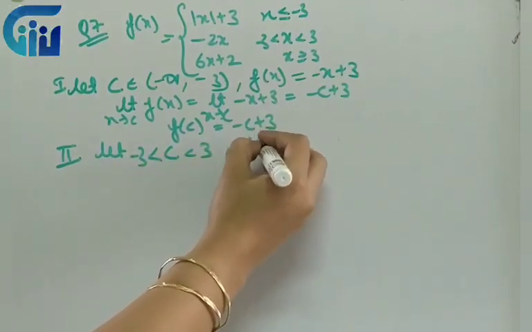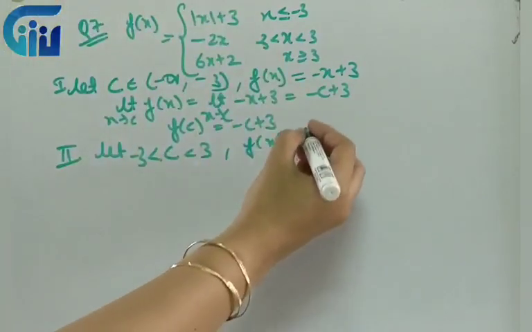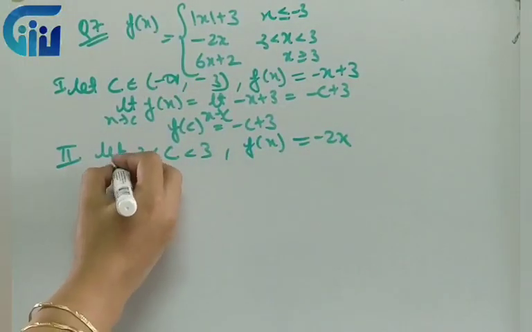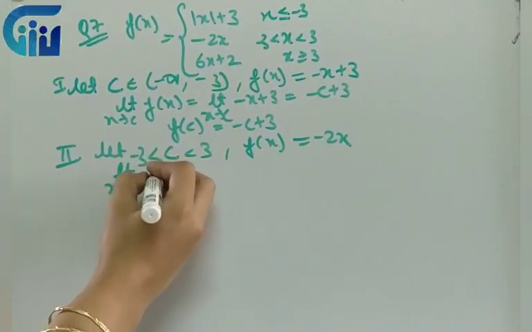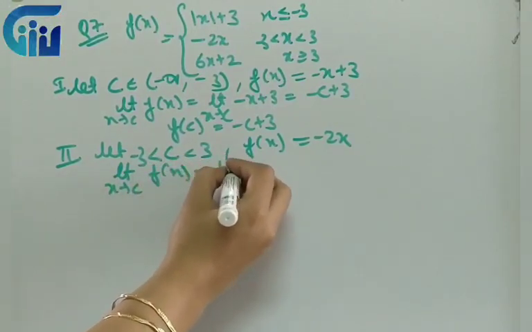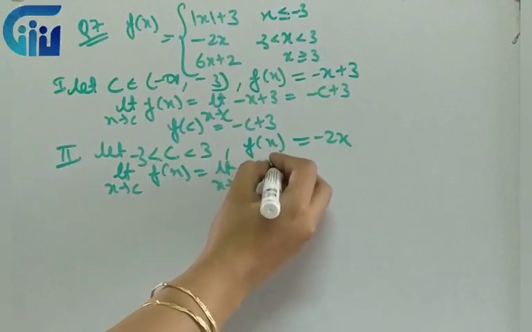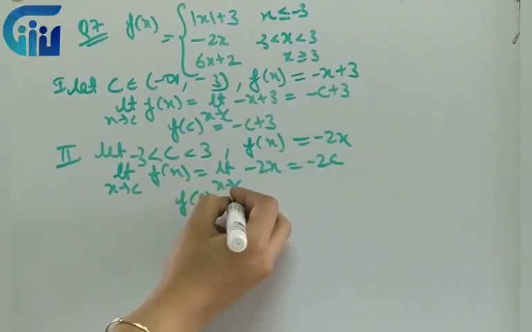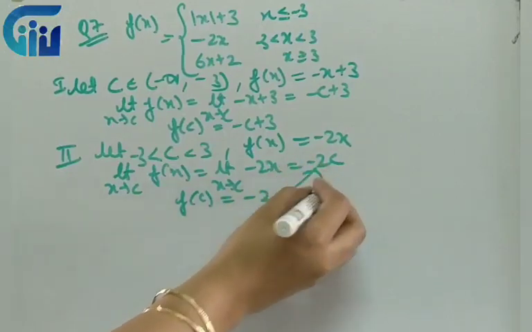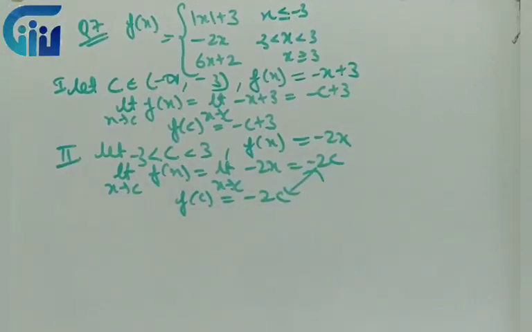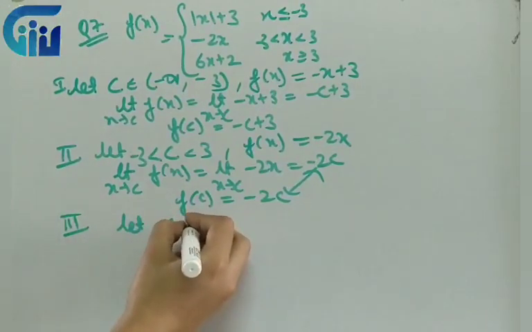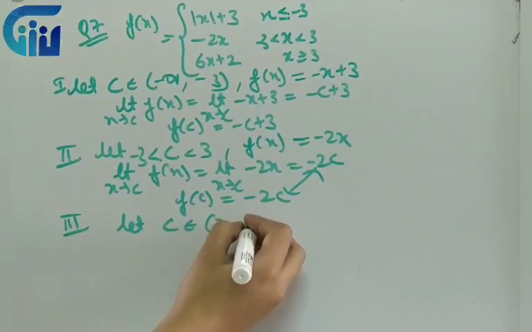Now c is between minus 3 and 3. Then what will be my function? For all the real numbers in this range, my function will be minus 2x. Again, I write the same thing. That means limit x tending to c f(x) is equal to limit x tending to c minus 2x, that is minus 2c. f of c will also be minus 2c, hence it is equal. Right? Then third case will be, I'll say let c be greater than 3.